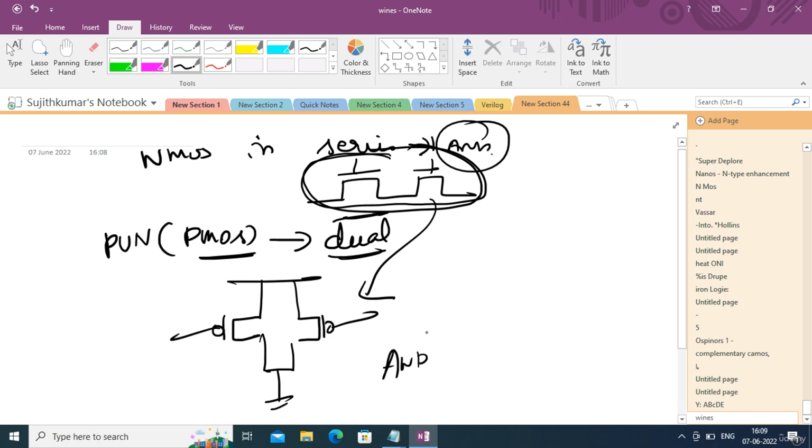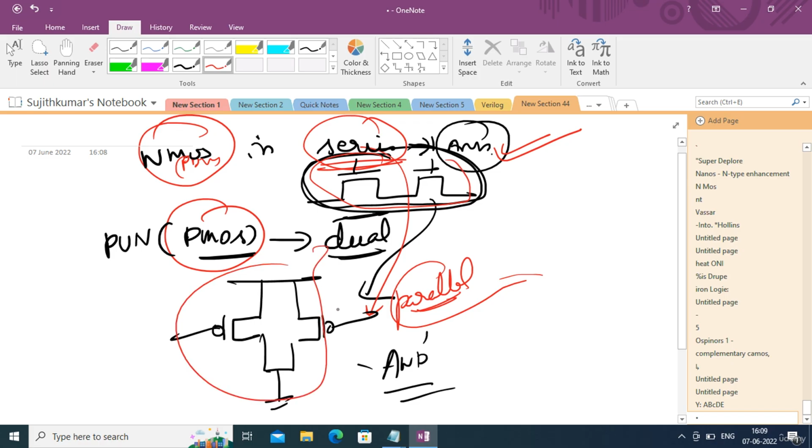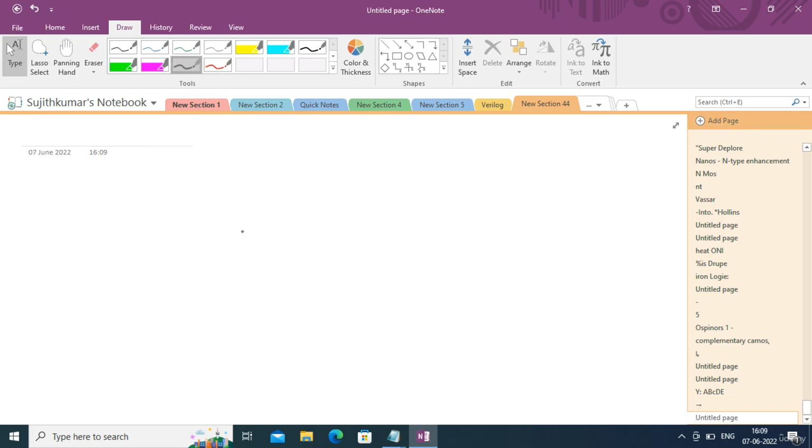In the pull-down network, where you use only NMOS, transistors in series implement AND operation. Similarly, since PMOS is dual to NMOS, whatever is in series will become parallel here. That is the duality. So when you connect two PMOS in parallel, that will implement AND logic.